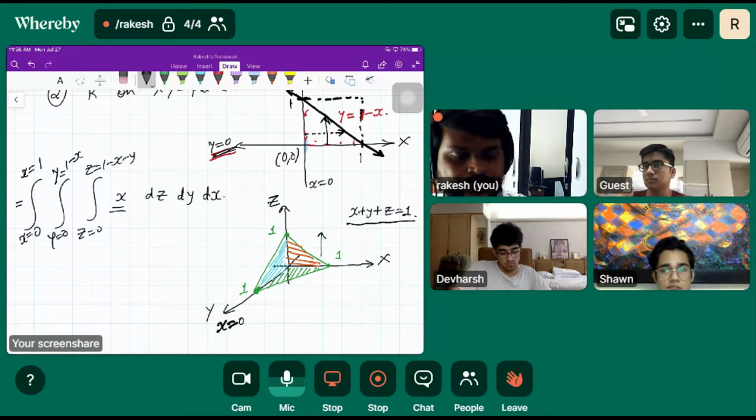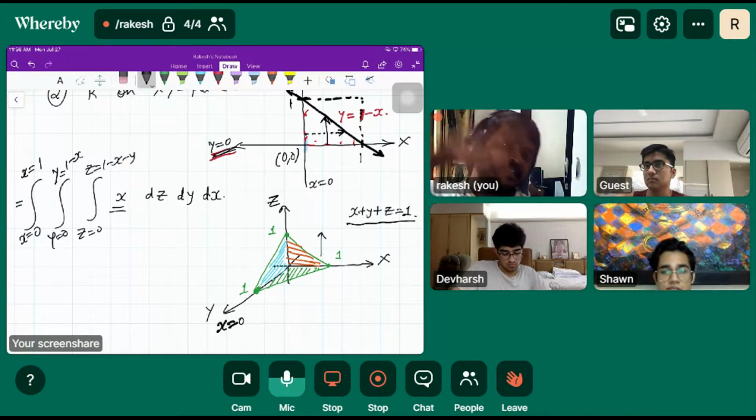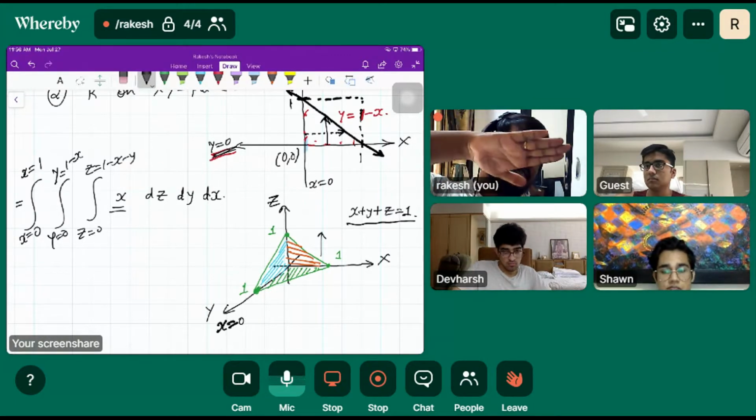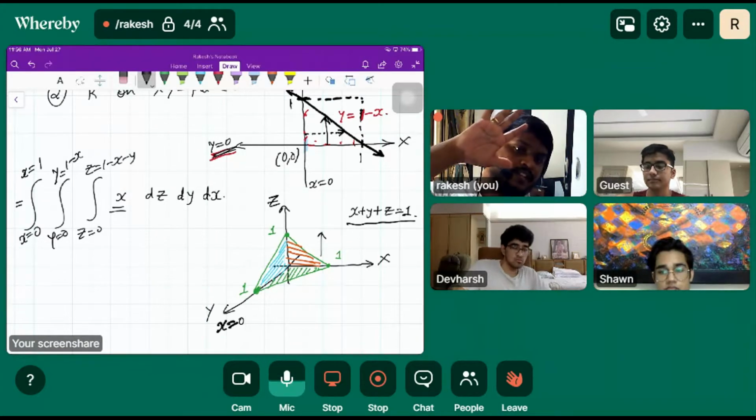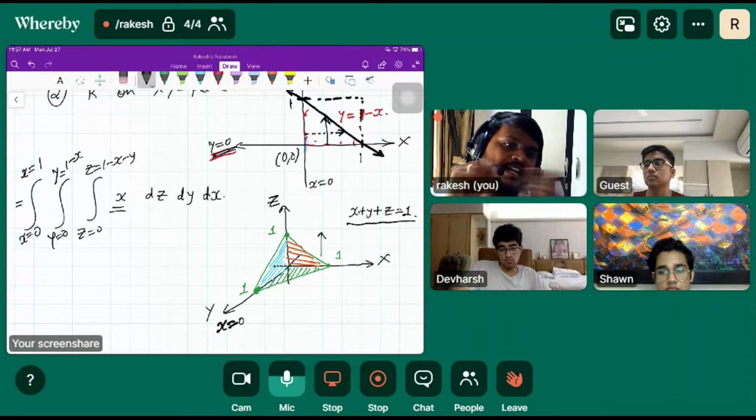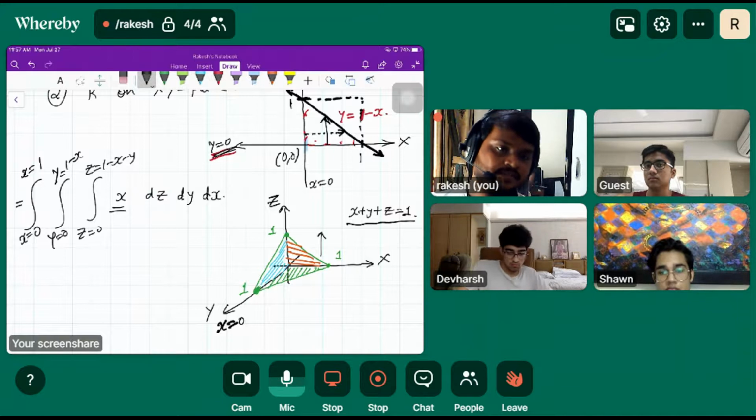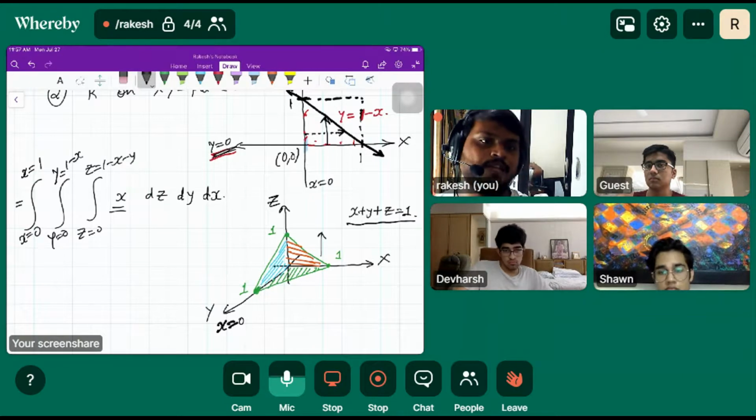And the other surface is the plane itself, x plus y plus z is equal to 1. So we will convert that as z is equal to f of x, y. So z is equal to 1 minus x minus y is the upper limit, and z is equal to 0, which is your xy plane, is the lower limit.